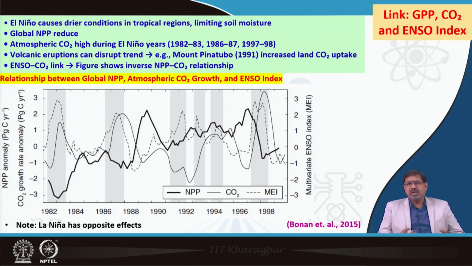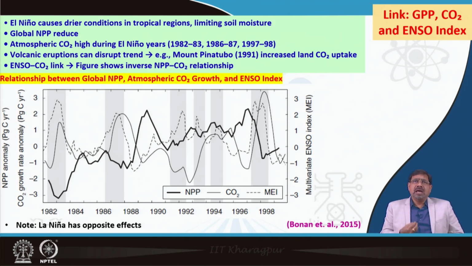If soil moisture is decreased, which is very important in terms of photosynthesis and productivity, the global NPP or net primary productivity reduces. So what we try to understand: El Nino gives a drier condition. Drier condition leads to decrease in soil moisture. Decrease in soil moisture leads to decrease in photosynthesis, which in turn leads to reduction in the net primary productivity.